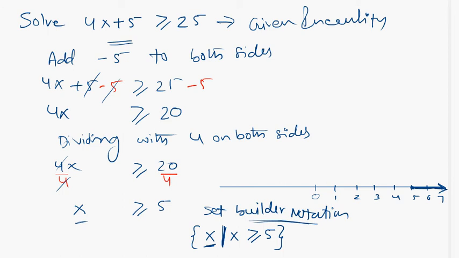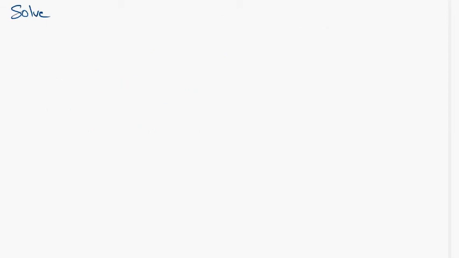Let us take another example. Solve 7x plus 4 greater than 6x minus 2. So we have variables on both sides of this inequality, so it would be lengthier than the ones that we did previously. But let us follow the properties of real numbers for inequalities, and let's solve for x.